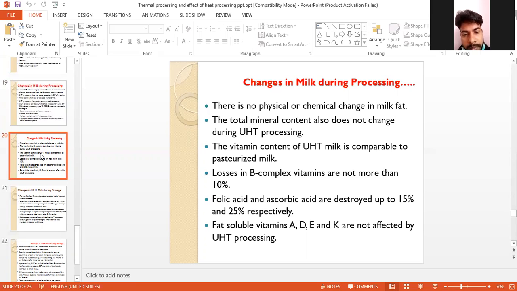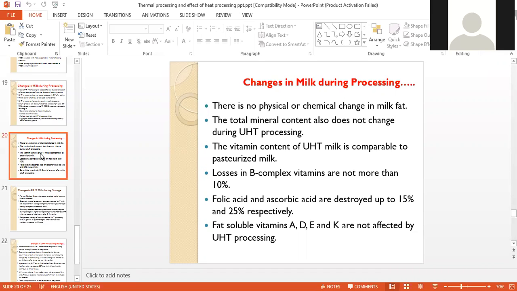You may already know that in pasteurized milk we can lose 30 to 35% of vitamin C and other vitamins, and in case of sterilized milk we lose 60 to 70% of the vitamin C. So in UST we get almost similar loss of vitamins.